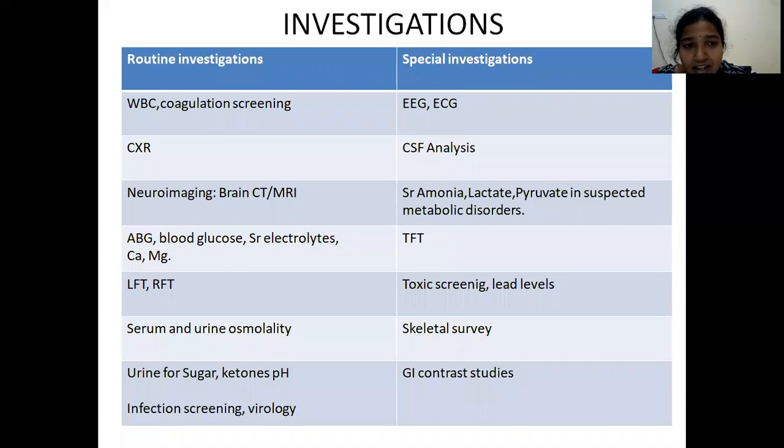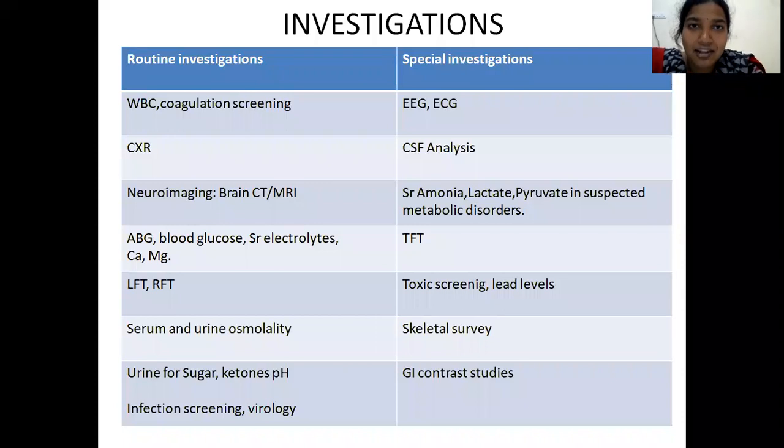In case of uremia, the child is in altered consciousness, and by doing RFT, we can know that. Hepatic failure also causes coma, so by doing LFT we can see if there is any involvement of the liver or not. All these tests are done only to find out where the lesion is. Okay.